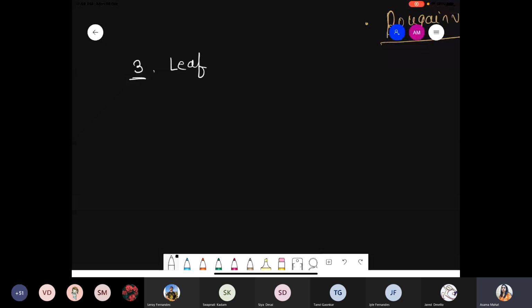Chalo. So we are talking about the leaf. Basically, when you talk about the leaf, it originates, definitely, from the SAM. And you know very well, SAM is nothing but the shoot apical meristem.